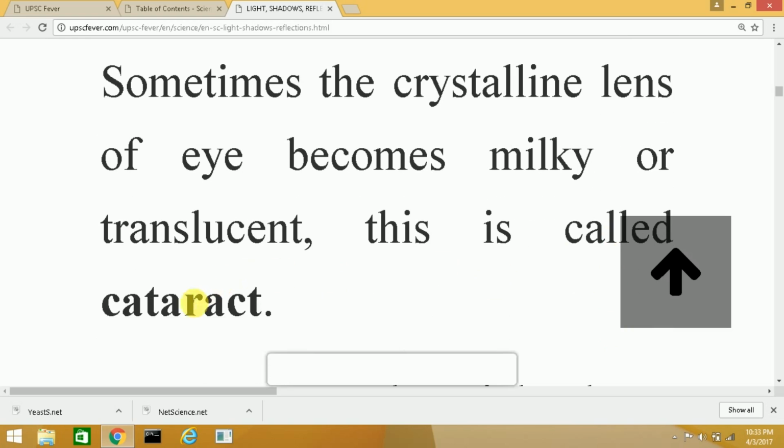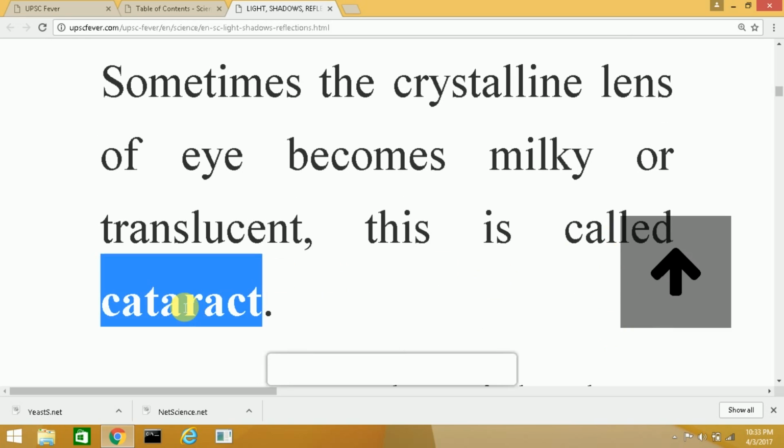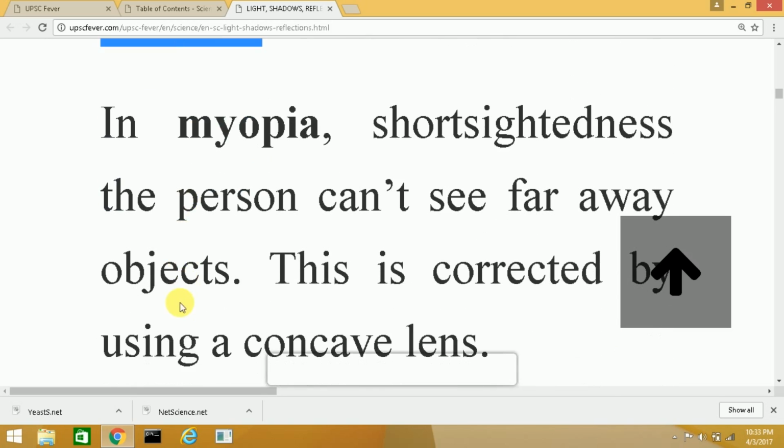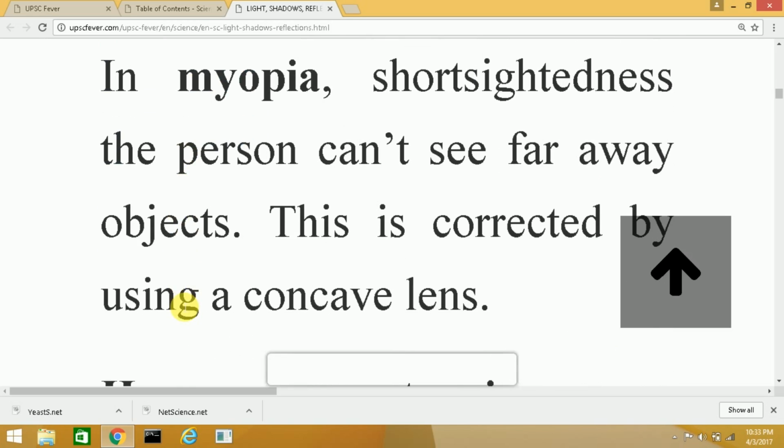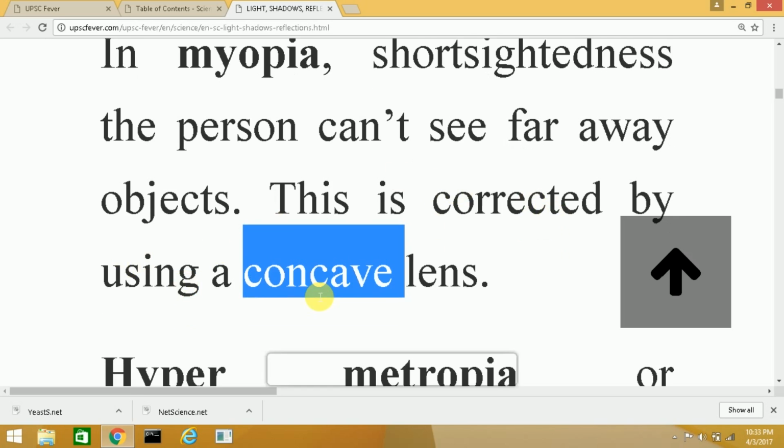This can be treated fully by surgery. Myopia or short-sightedness means that a person cannot view objects that are far away properly and so needs corrective lenses or spectacles. This is corrected using a concave lens.